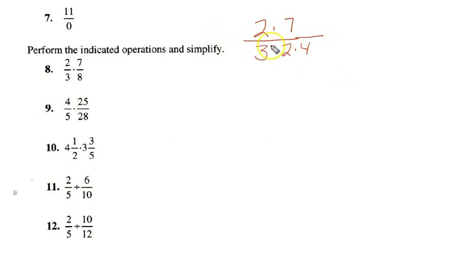So you can think of it that way. So we can do what we call some cross-canceling. 2 will go into 2 once. 2 will go into 2 once. So now we're left with just a 7 in the numerator and a 12 in our denominator.